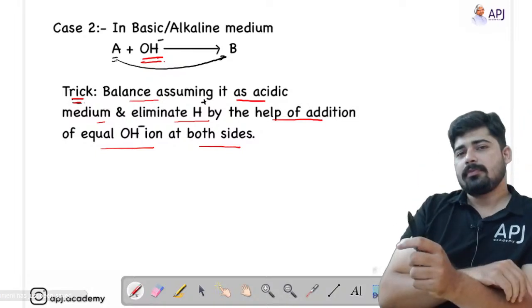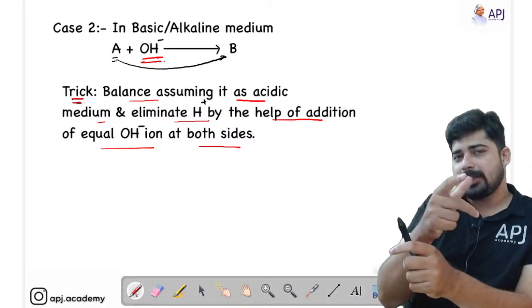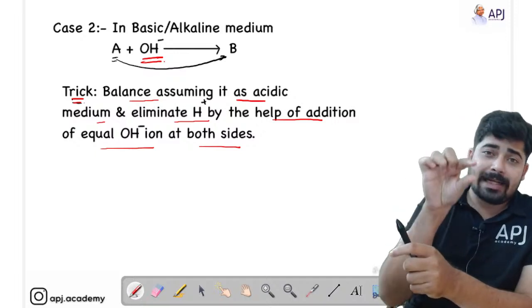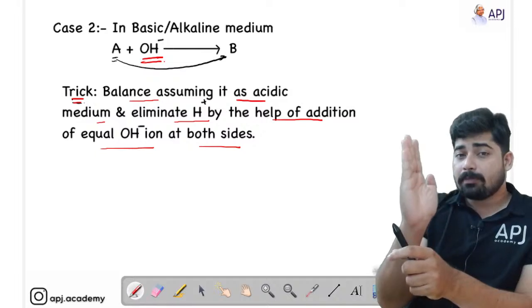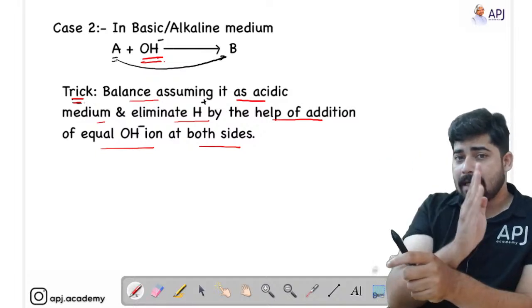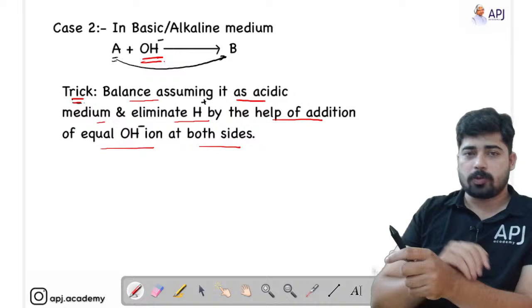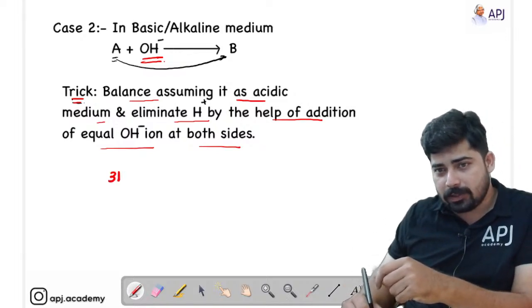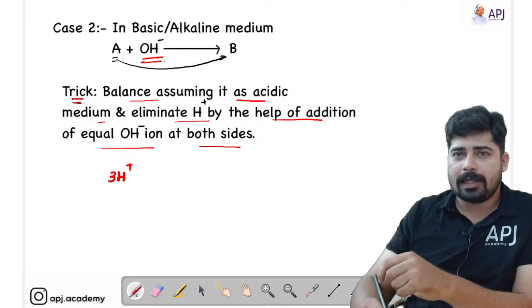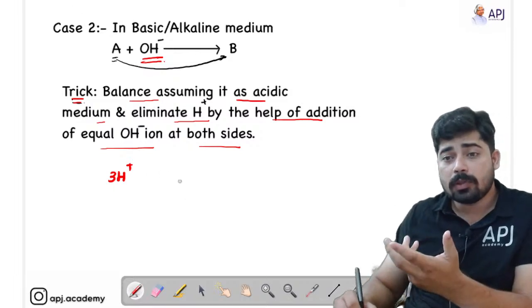Now we are using the trick there. How many H+ are present in the particular reaction? That many OH- you have to add there and on the other side also. So say if in the final reaction there is 3H+, what I have to do?